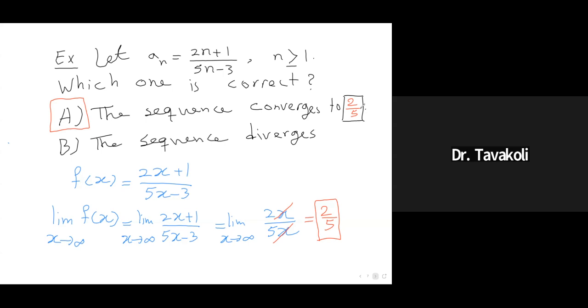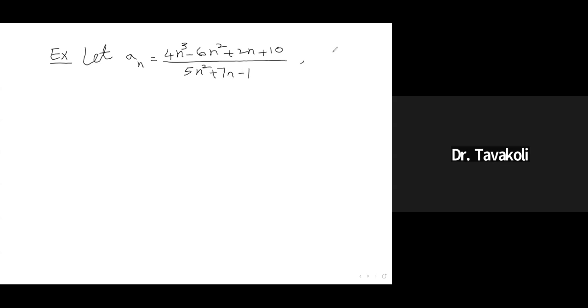Let's do another example. Please try this on your own. Suppose the sequence is given with the general term a_n equal to 4n cubed minus 6n squared plus 2n plus 10 over 5n squared plus 7n minus 1, and n runs from 1 through infinity, and n is an integer.